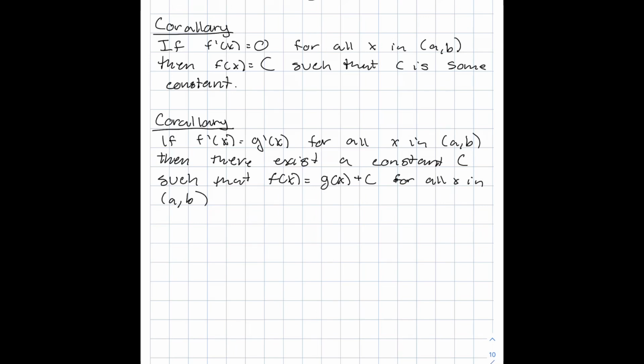So let's look at f of x equal to x squared. That's just going to be right here: 1, 2, 4. Something like that. That's what f of x equals.